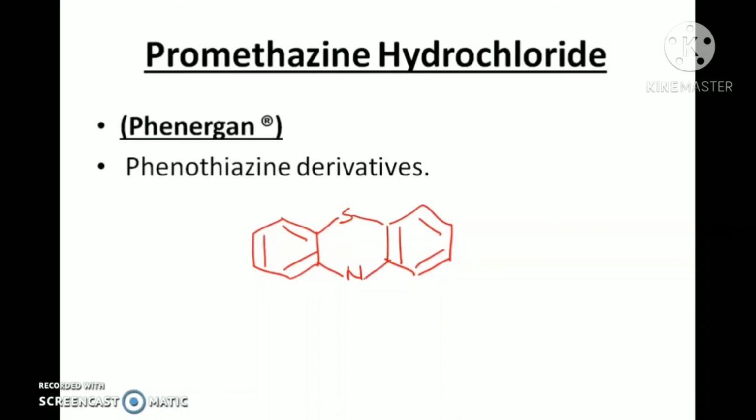And in the case of promethazine hydrochloride, it is a phenothiazine derivative with antihistaminic action. It contains substitution at the nitrogen atom. The ring nitrogen atom contains a 2 or 3 carbon alkyl chain.